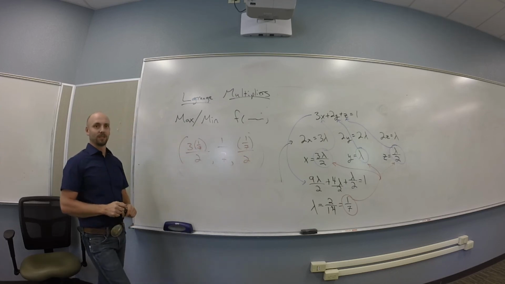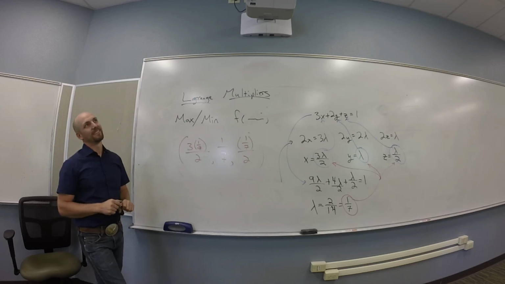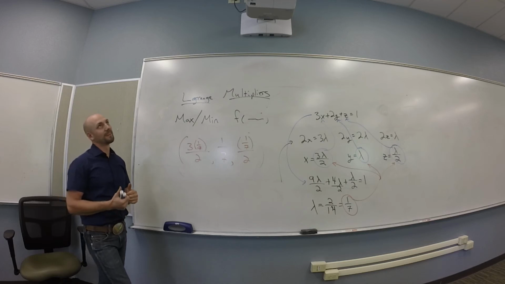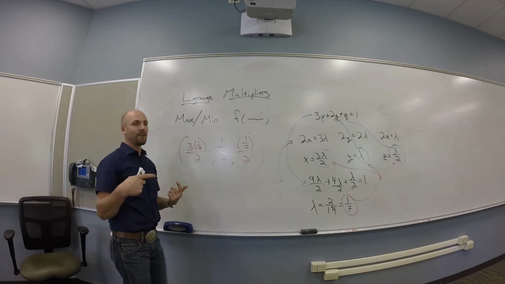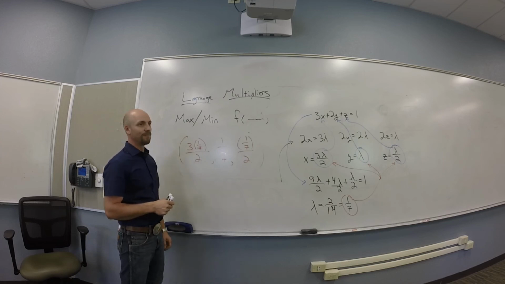Cool? Questions? So how do I know this is a minimum? Is it because our original function we're optimizing is positive? You could go back to the original function and look at it.